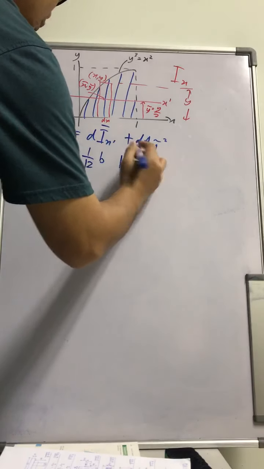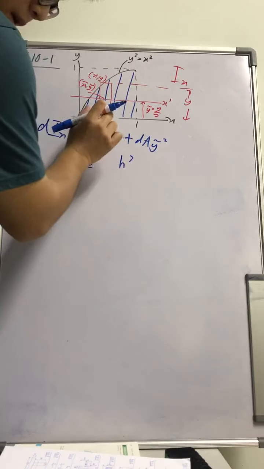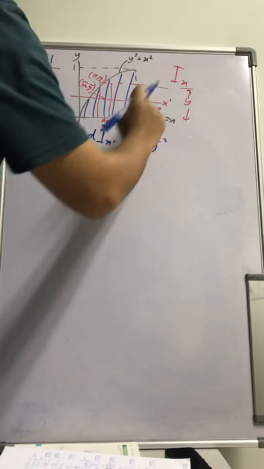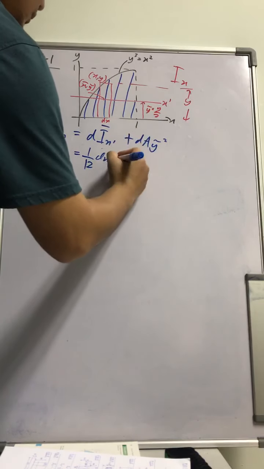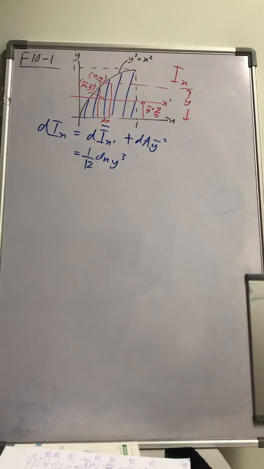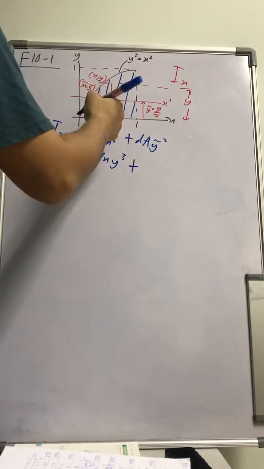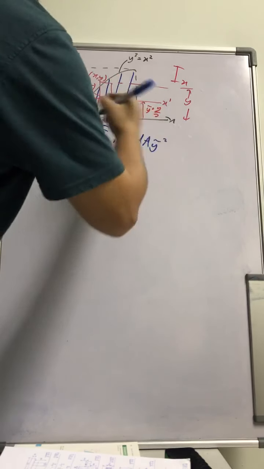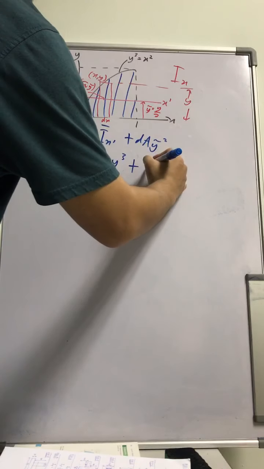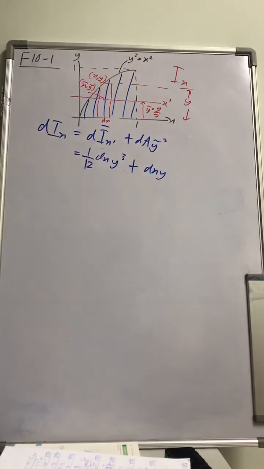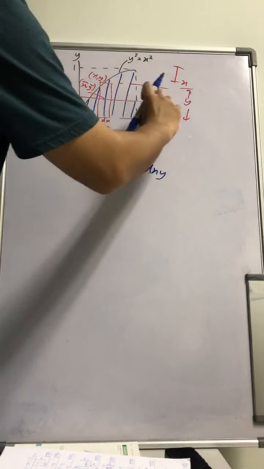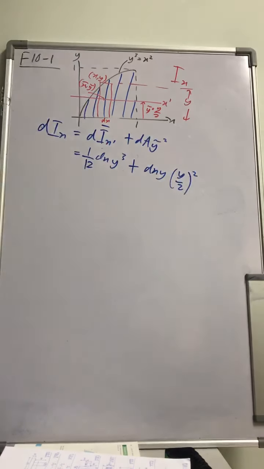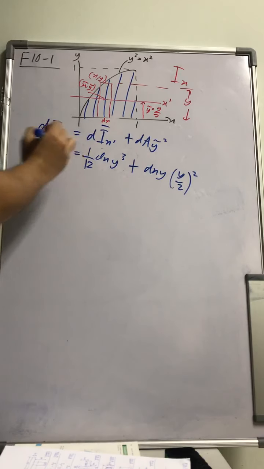Your b is dx, and your h is y, so y cubed. Then plus dA, the differential area, which is dx times y, times your y tilde, which is y over 2, squared. So this is your dIx.